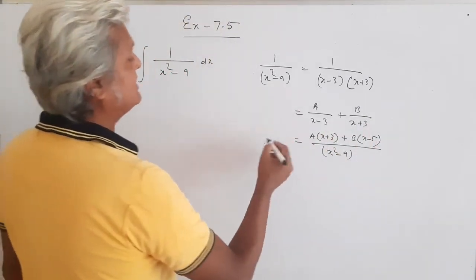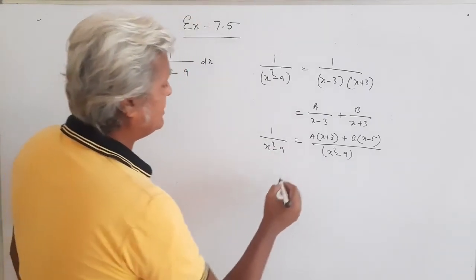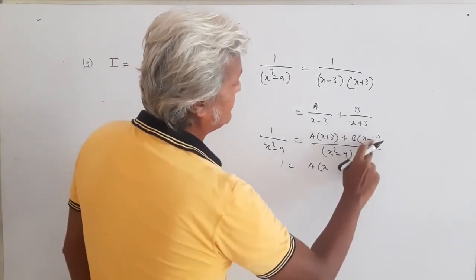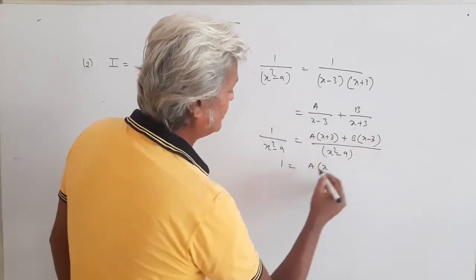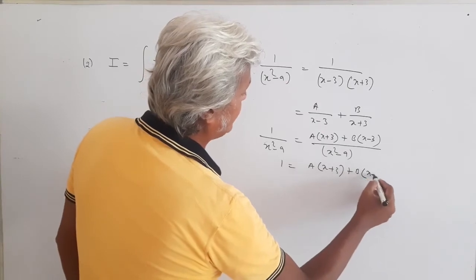Multiply these two, 1 over x square minus 9. So 1 is a times, sorry, I have written minus 5, it looks like this is minus 3. So 1 equals a(x plus 3) plus b(x minus 3).